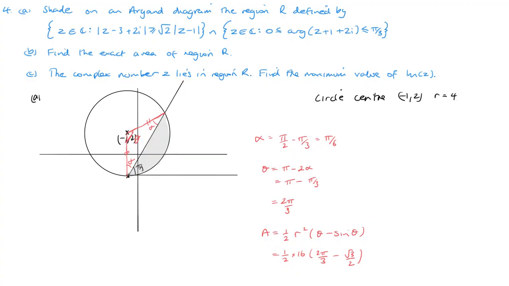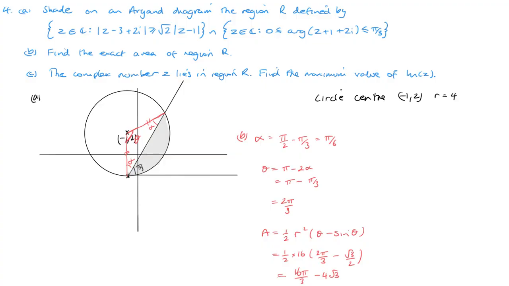So this is what we've got, which is 16 pi by 3 minus 4 root 3. And that is part B done. So part B was all in red.